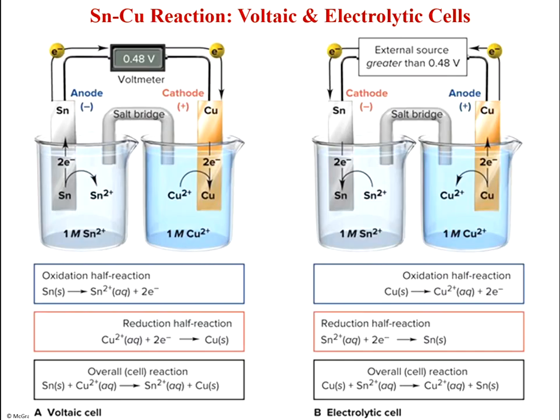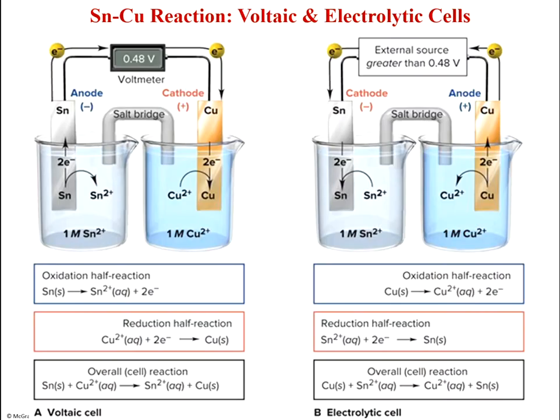If we apply that voltage and force the electrons in the opposite direction, now the cathode gets a negative charge because the electrons are being dumped onto it. At that point, this tin is attracted to those negative charges and gets reduced. And on the anode side, where the oxidation occurs, we've pulled electrons away, therefore the copper metal will pop off the surface and get oxidized.